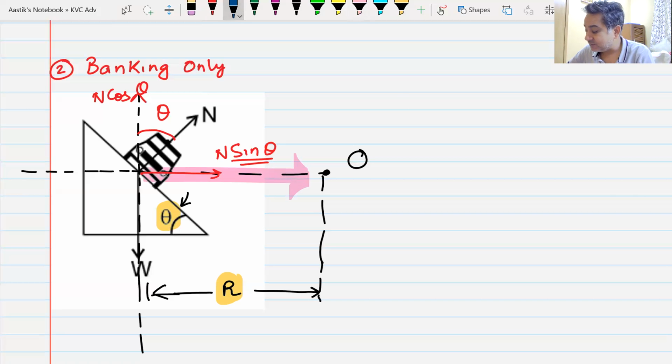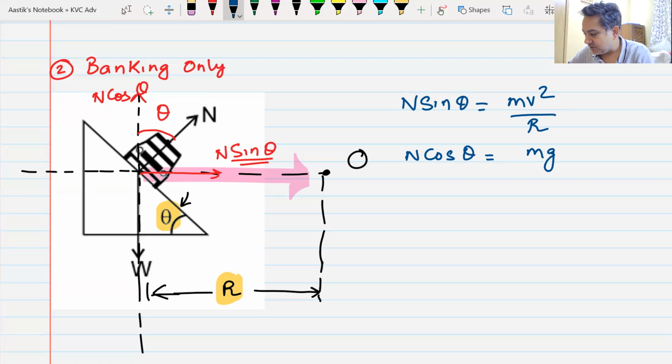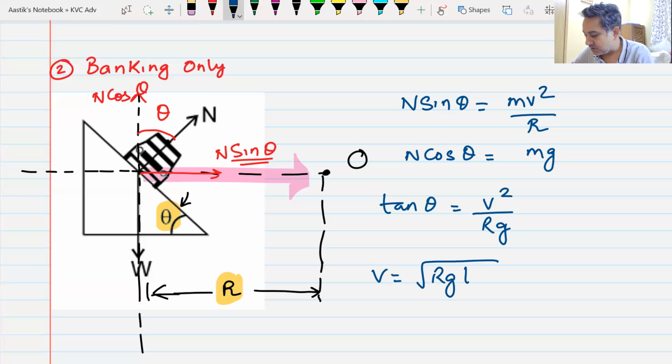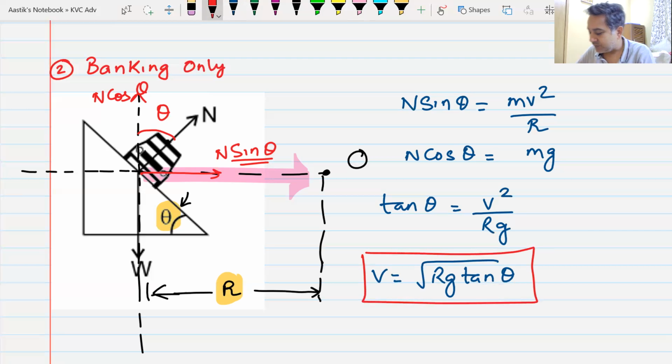So, my dear friends, N sin theta becomes your mv square by r, N cos theta becomes your mg, so your tan theta becomes v square by rg, so your v becomes root over rg tan theta. That was the answer I was looking forward to.